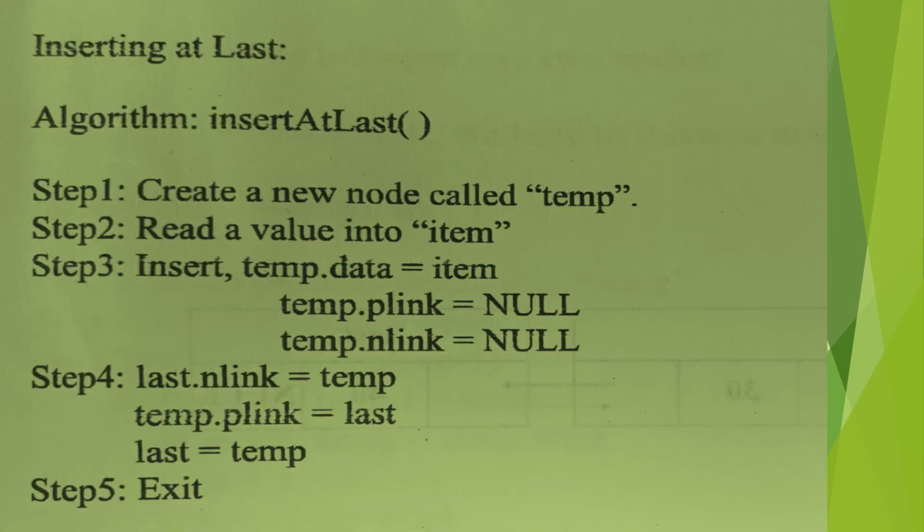Next, inserting the new node at last. Simply store the address of the new node in the last dot n link, and store the address of the last value in temp dot p link.